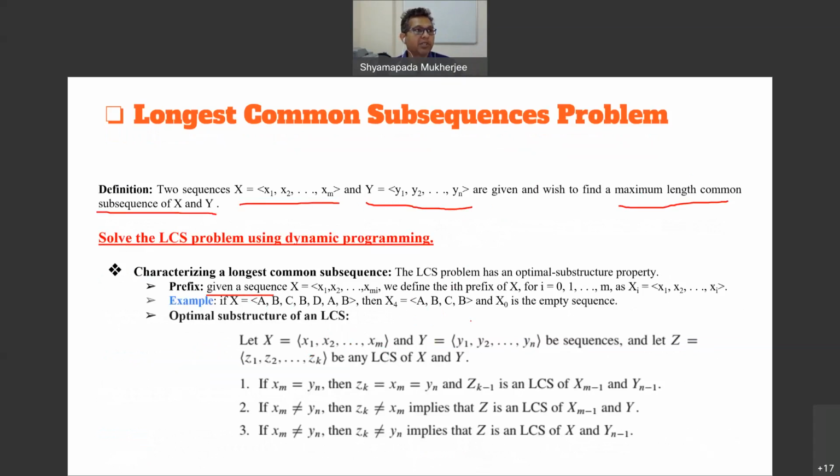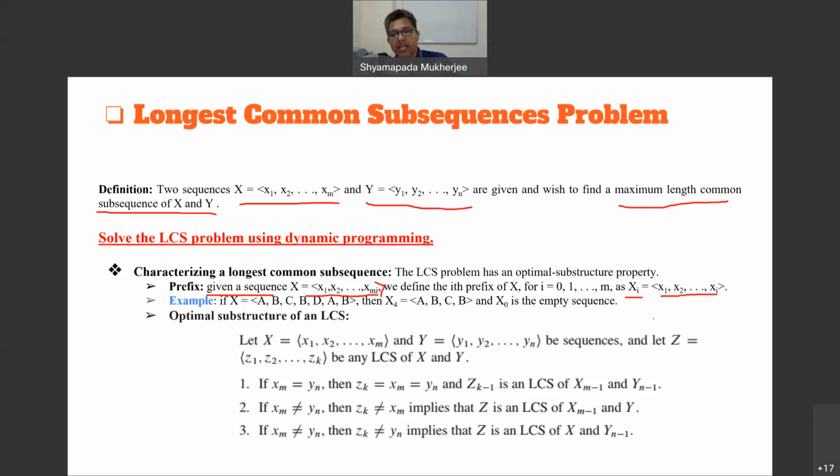The ith prefix of any sequence is the first i elements of the sequence. That means we have x equals x1, x2, up to xm. So the ith prefix of x, xi, contains the first i elements of the sequence. So that is called a prefix.